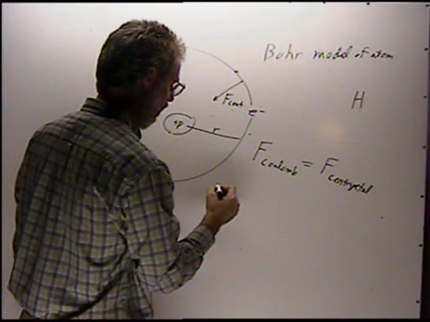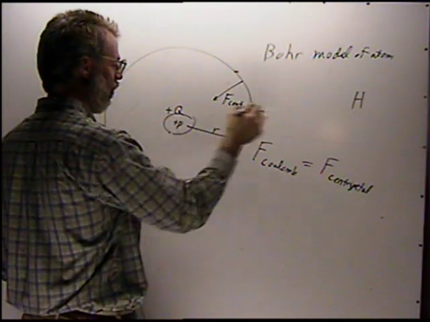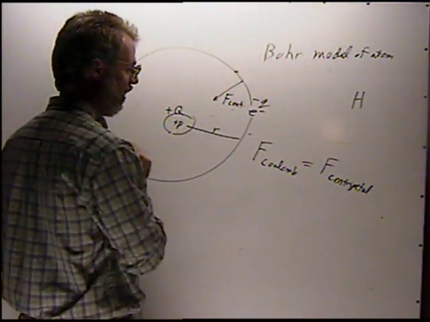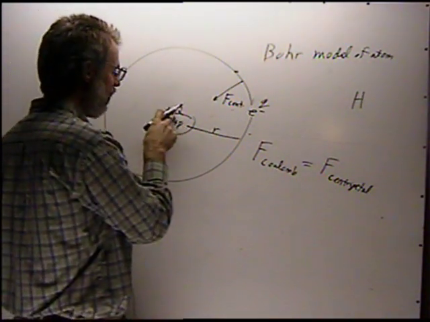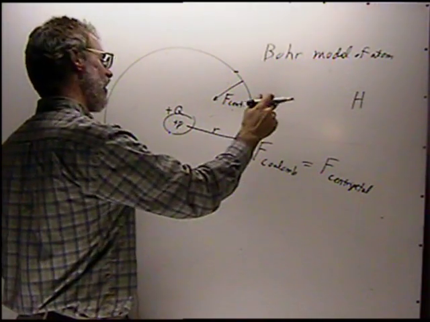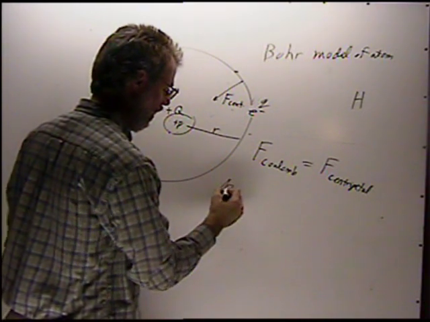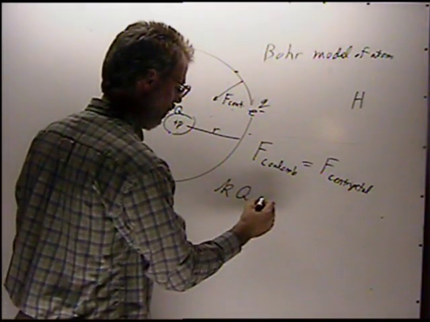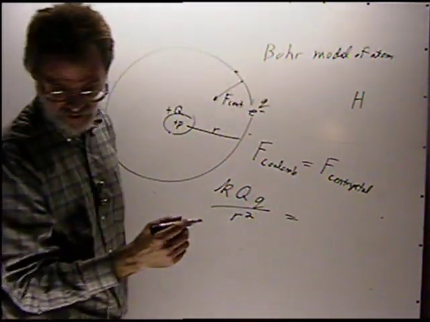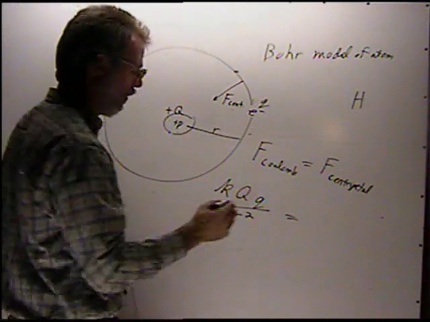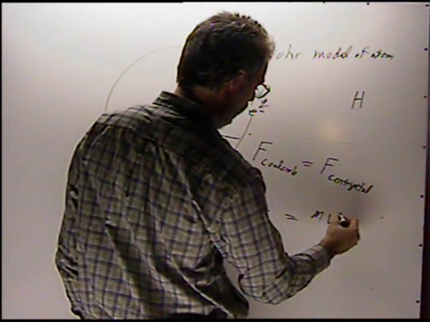So what does this look like? If we call the nucleus plus capital Q and the electron minus little q, then it would be K Q times little q divided by r squared is equal to the mass times v squared over r.